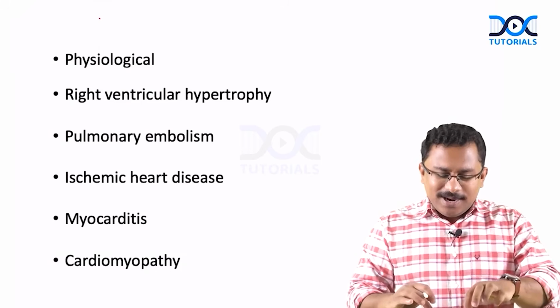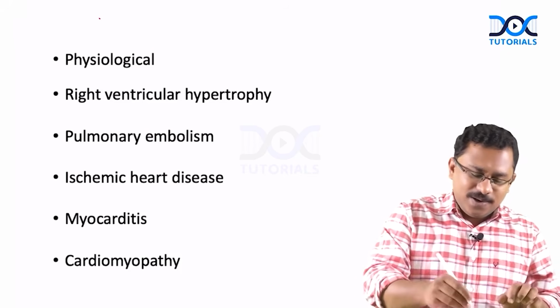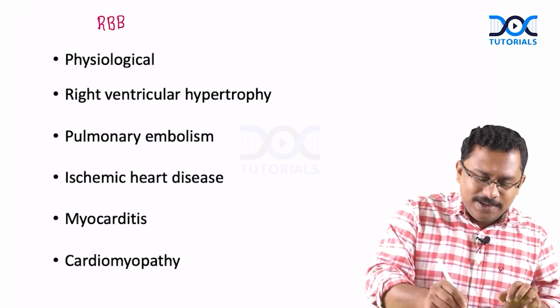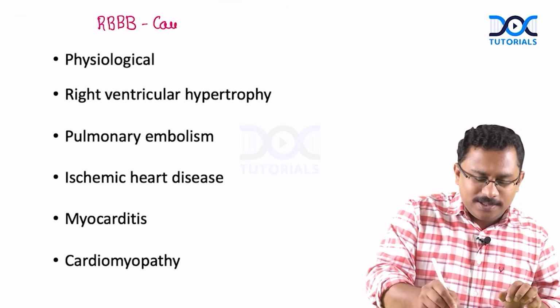What are the causes of RBBB, right bundle branch block? In comparison to the left bundle branch, the right bundle branch is a very fragile conducting system. Even the Braunwald textbook of cardiology uses the same word. So it is more likely to be affected by even a smaller injury.